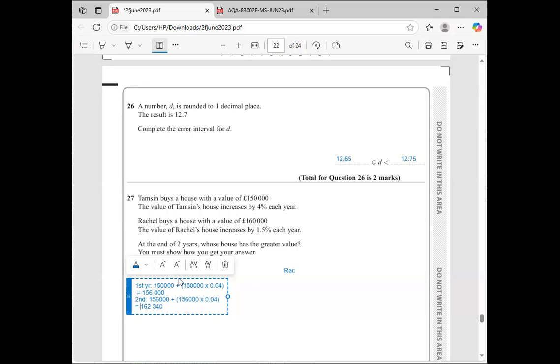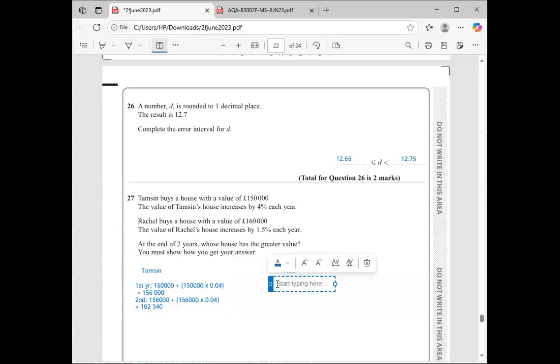So let's quickly run the same thing for Rachel. The difference for Rachel's is just that it's 1.5%. So let me see if I can quickly do this. I thought it might just be easier if I edited things.